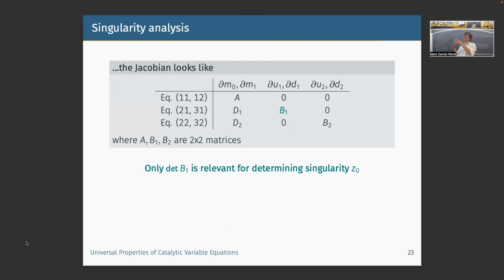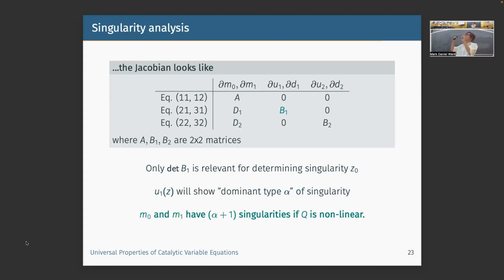Okay, so what I will not prove here, but what we proved in the paper, is that only the determinant of D1 is relevant for determining the singularity. U1 will show this dominant type, alpha, the type of the singularity.